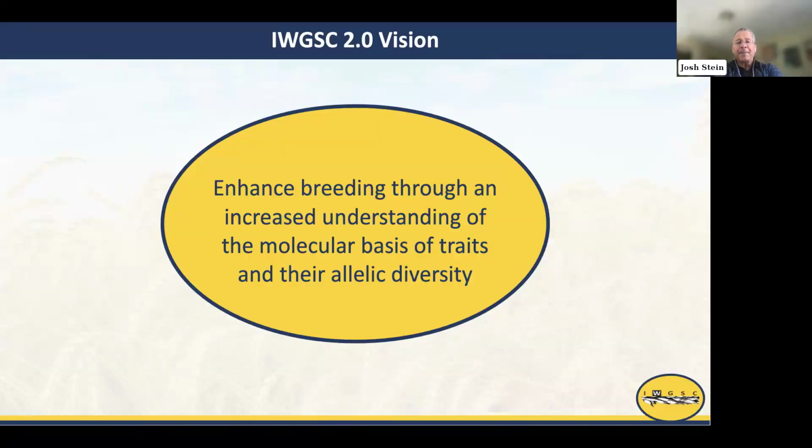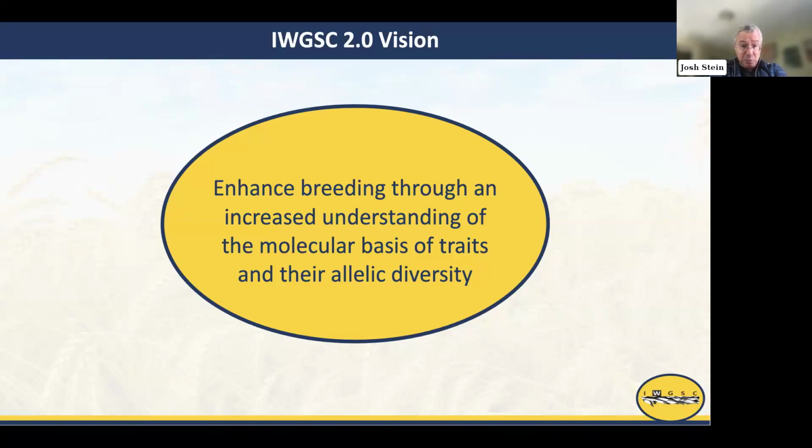As you all know, the IWGSC was formed in order to bring the community a high-quality reference sequence for wheat, and we delivered that in 2018 with subsequent updates, currently version 2.1. Now the IWGSC is taking a turn to enhance this vision.